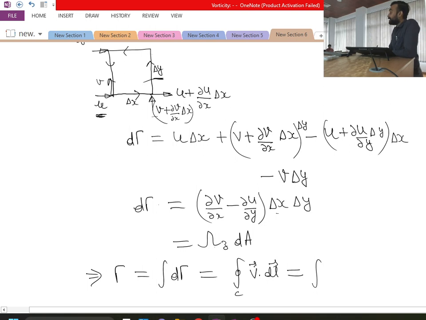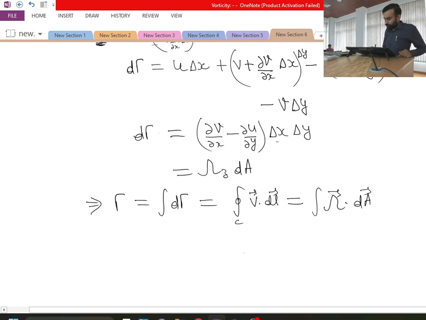This is nothing but my omega vector. Let me write first as omega vector dot dA. Okay, so ultimately this omega vector into dA vector can also be written as integral of del cross v vector dot dA vector.